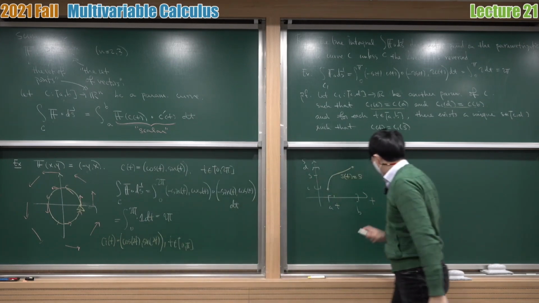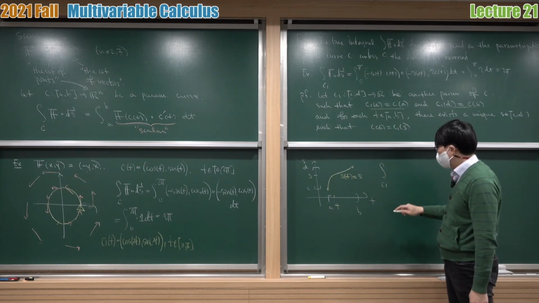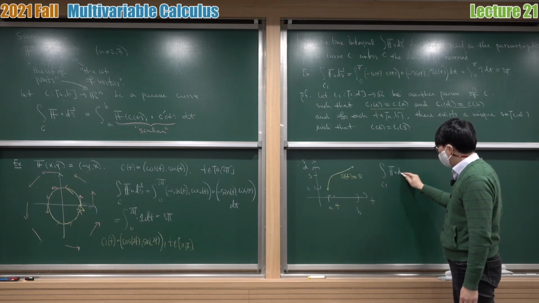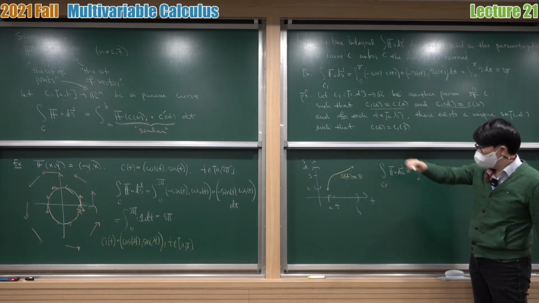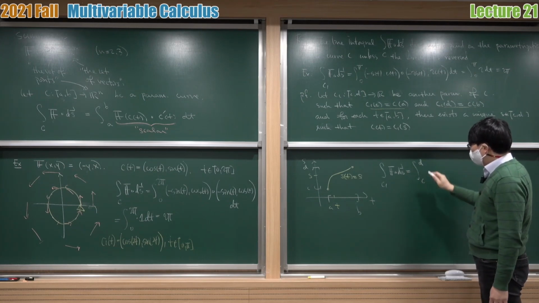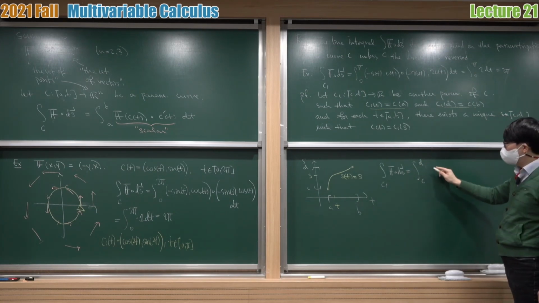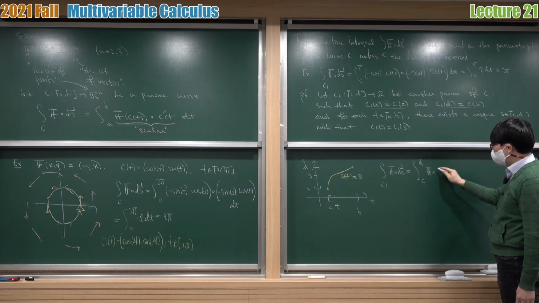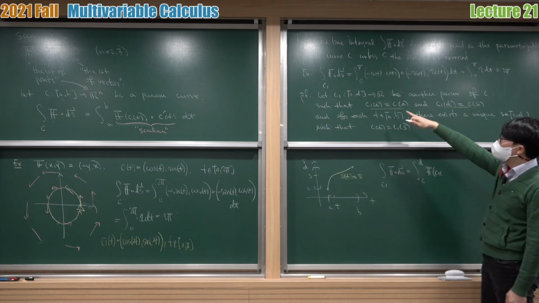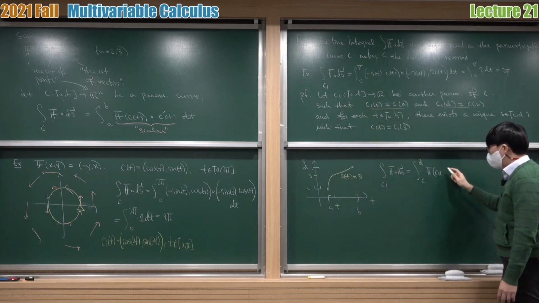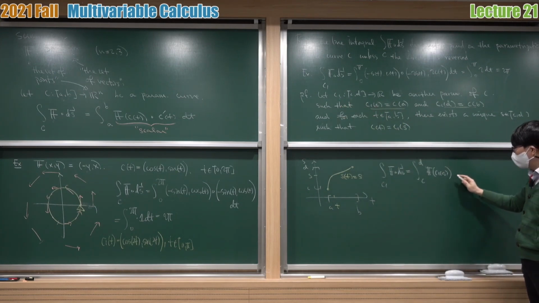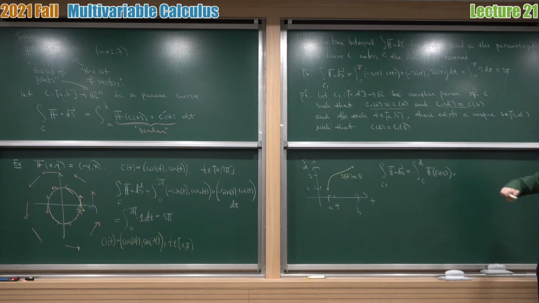Now let's try to find the line integral of F along C1. So if I use the C1 parameterization, I'm going to use the same formula, which is the integration from C to D of F of C1(s), here I have used s as the parameter of C1, and then I'm going to take the inner product with C1 prime (s).